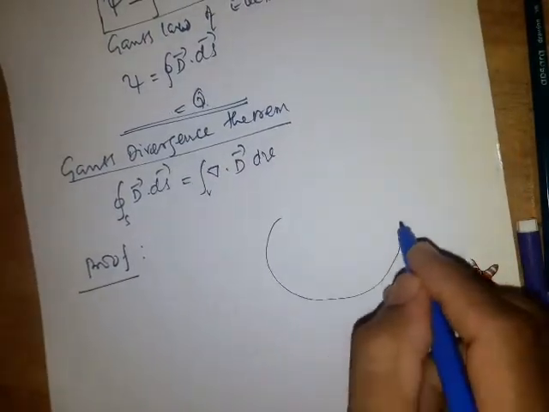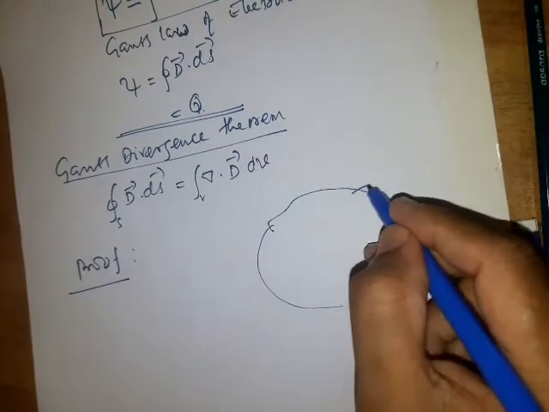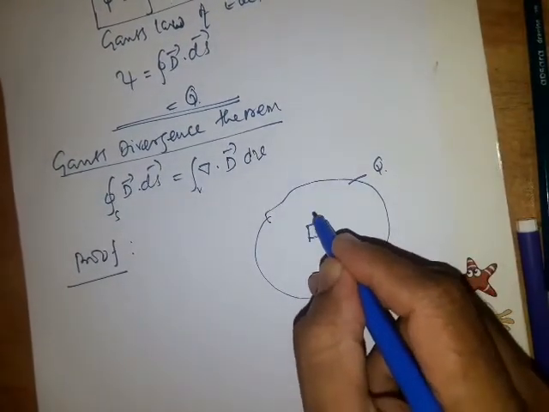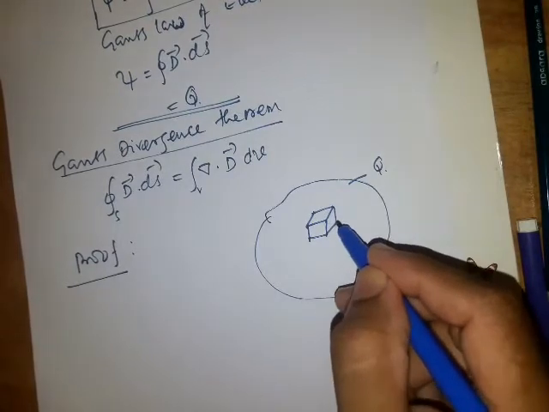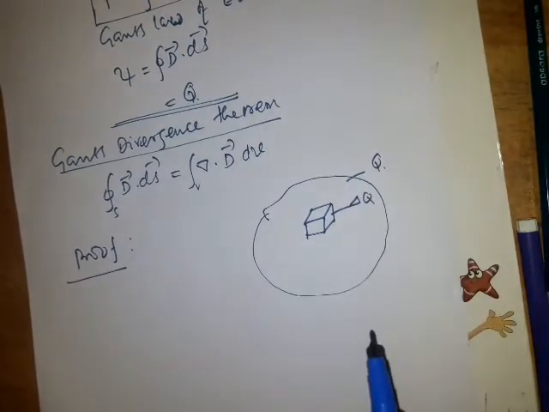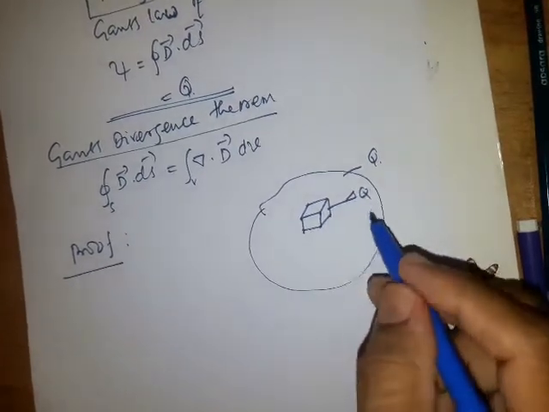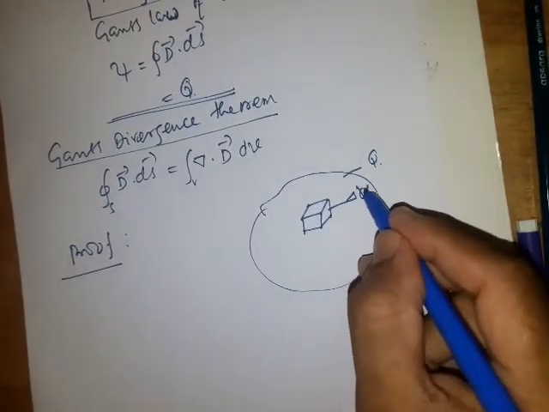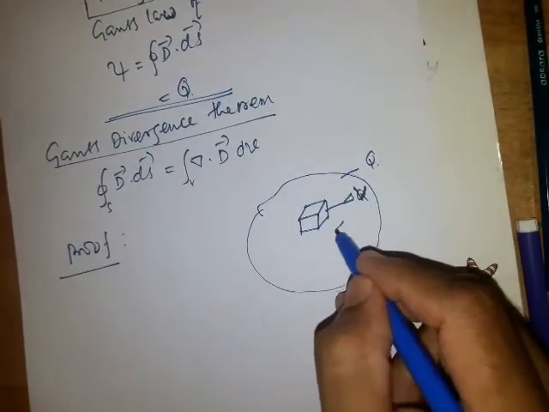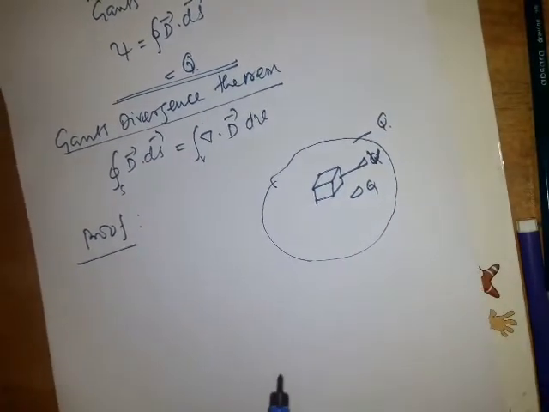Imagine a Gaussian surface enclosing a charge, say Q, and here there is an elemental volume, a small volume. Let del v be the elemental volume enclosing a charge del q.